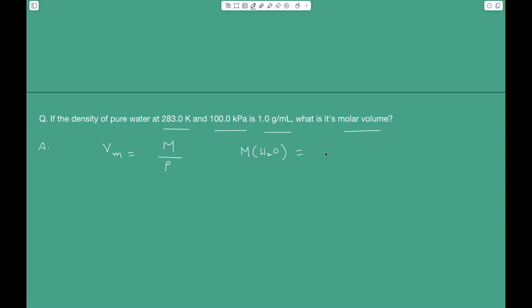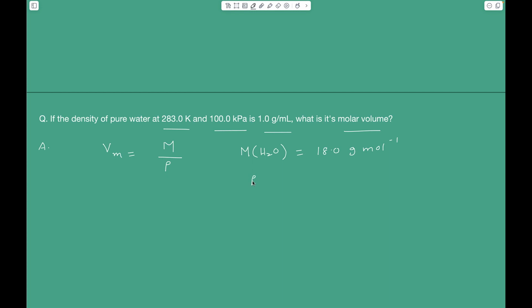You should know the molecular formulae of some familiar compounds like water. And from the molecular formula, by now, you should know how to calculate its molar mass. We have done a lot of examples in the previous videos. The molar mass of water is 18.0 gram per mole.